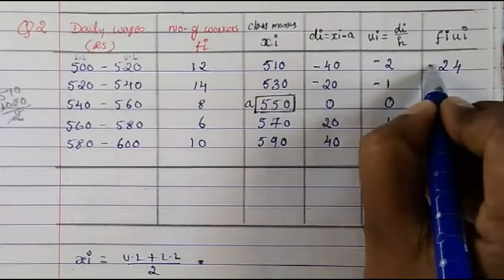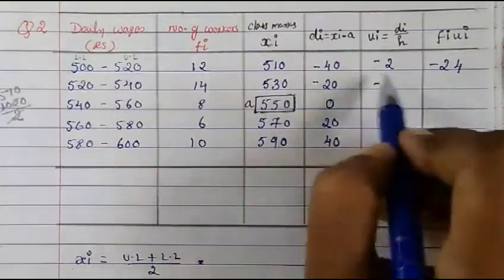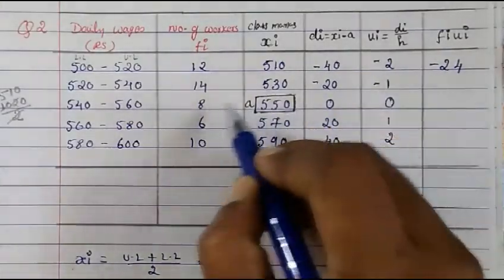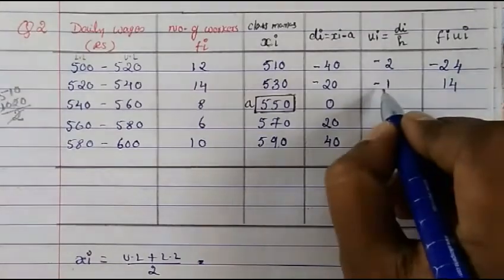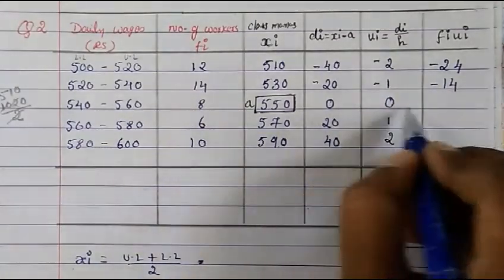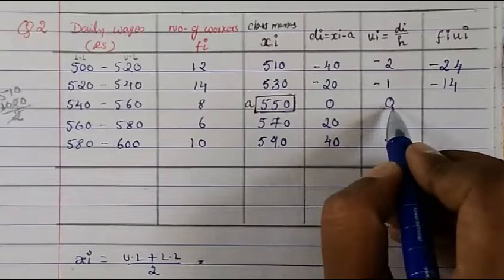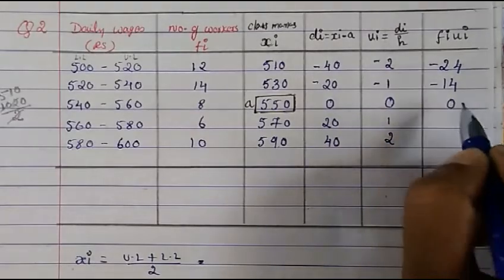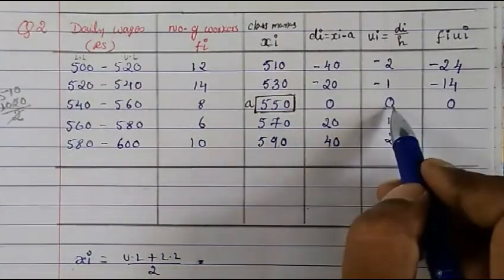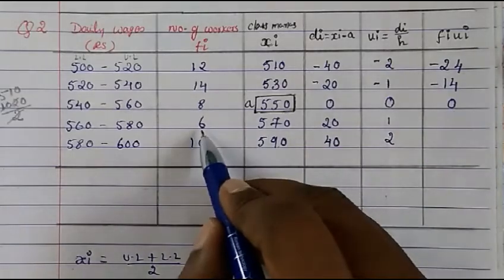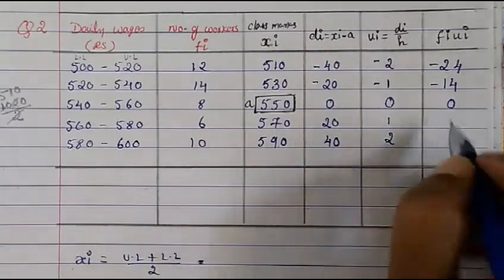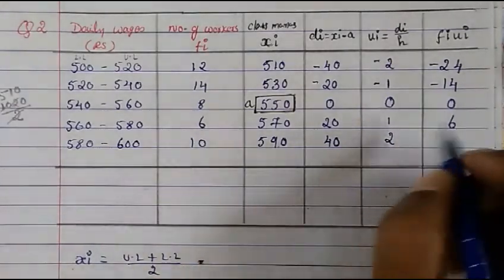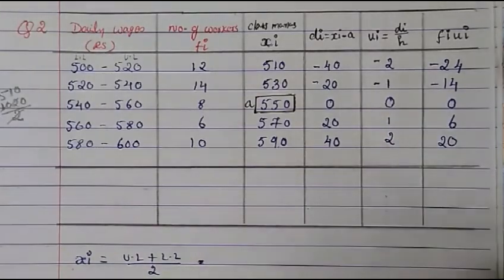So this is negative. Then here minus 1. Calculate. You will get 14 only. But here minus. So minus. And this will be 8. You calculate with 0. Multiply. It will become 0. Whichever number we multiply with 0 will become 0. Now 6 into 1, 6. 10 into 2, 20. Okay.